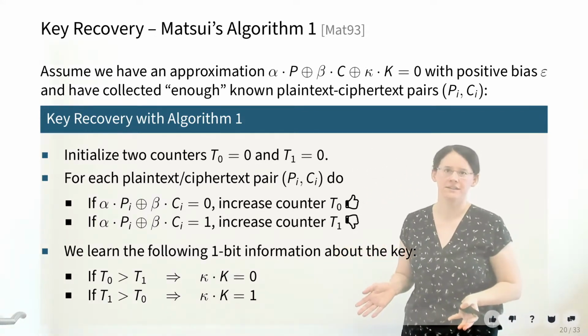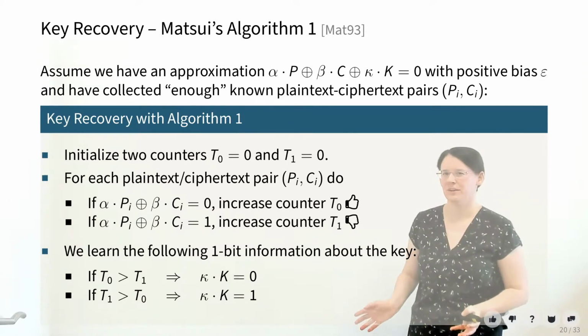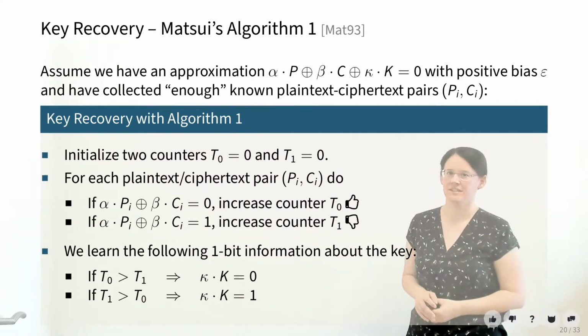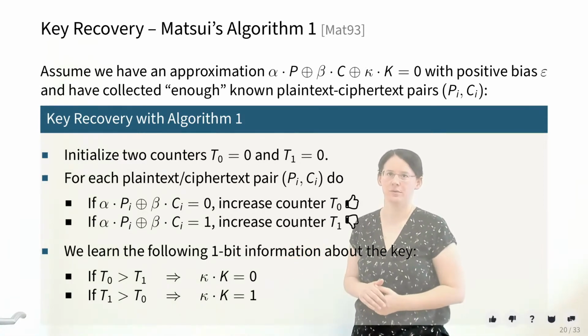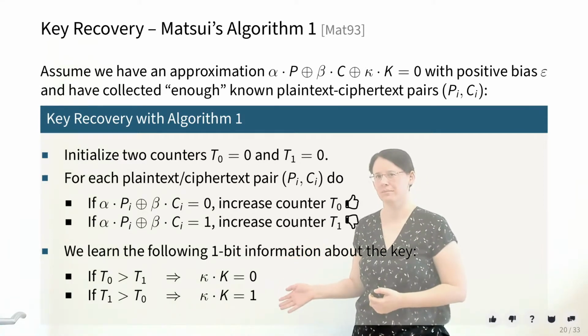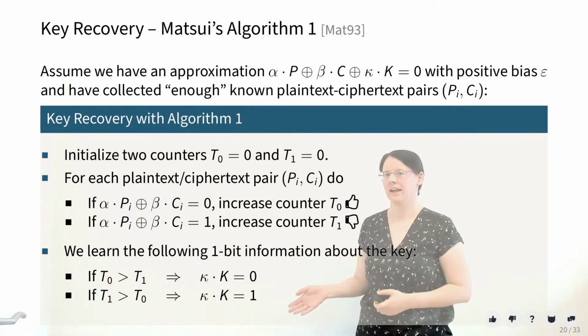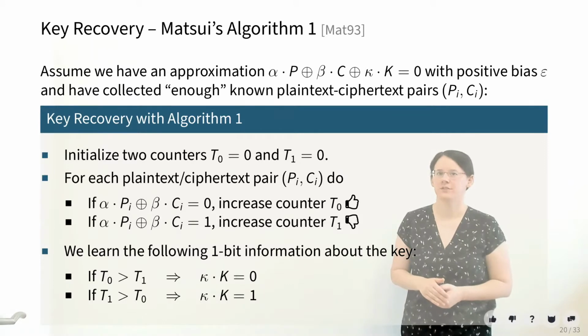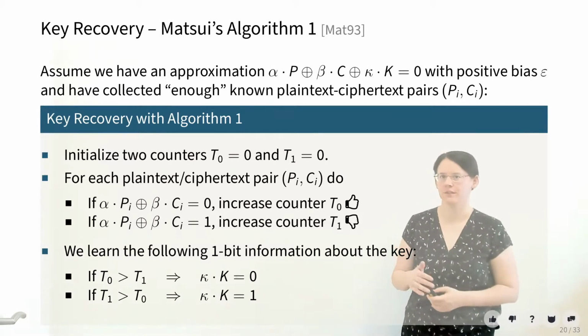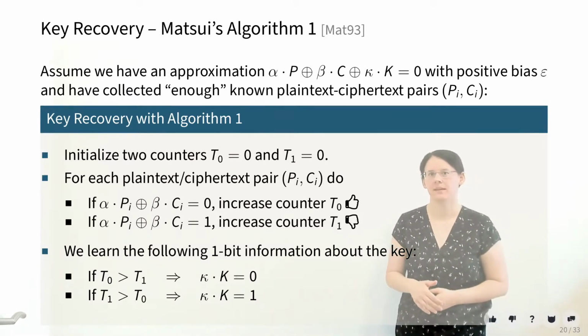So this is a very easy algorithm. There is one downside here, and this downside is that from a lot of data and this one good approximation, we only learn one bit of key information. And if we want to learn more of the key, we actually need more than this one equation, more than this one linear approximation.